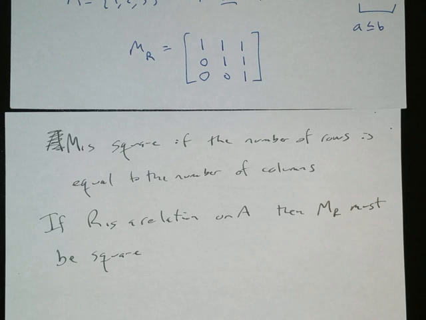We had a bunch of properties about relations. Can I tell from looking at a matrix about properties?